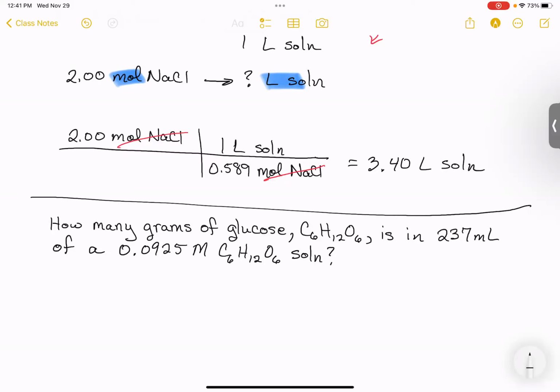If you keyed it in, it's 3.40 liters of solution. Everything else is correct. It's just the number. I accidentally hit times instead of divide.